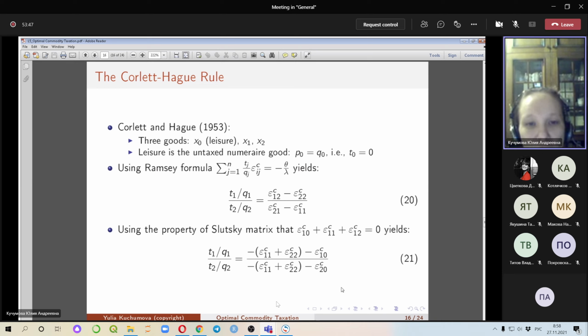To simplify our life with notation, let us now denote leisure by x0. And the two other goods would be again x1 and x2. So leisure is the untaxed numeraire, meaning that q0 is just equal to p0 and tax rate t0 is just 0.